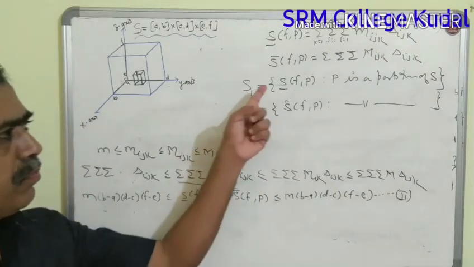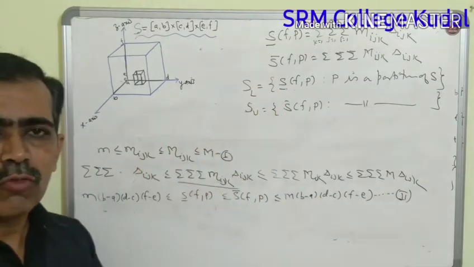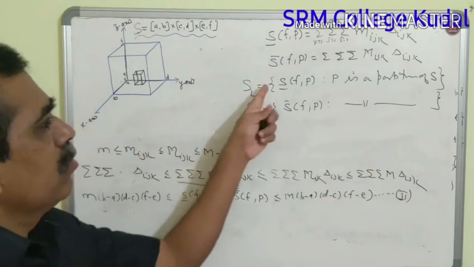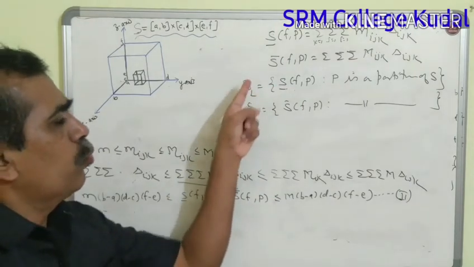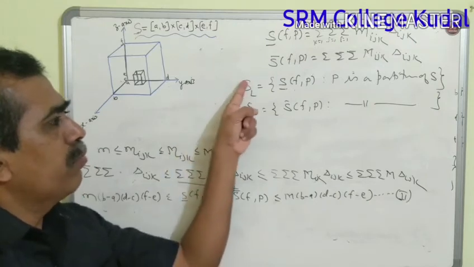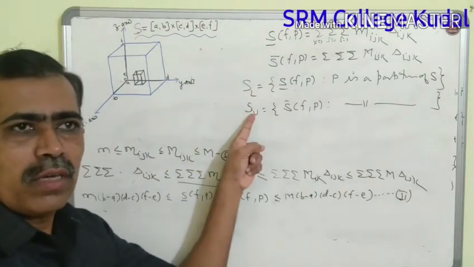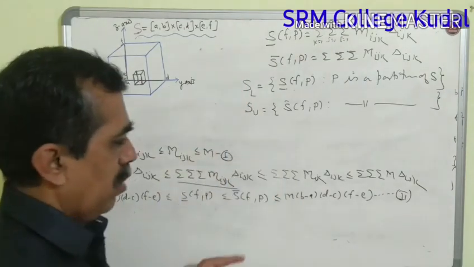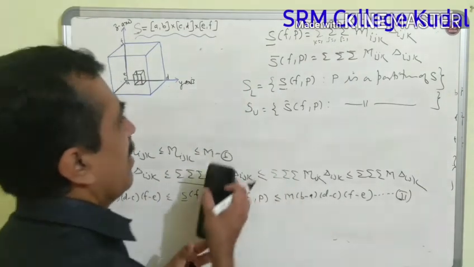So the largest and the smallest, or supremum and infimum. I will now search for the supremum and infimum. We will require the supremum of the first set and the infimum of the second set. So the supremum of SL.